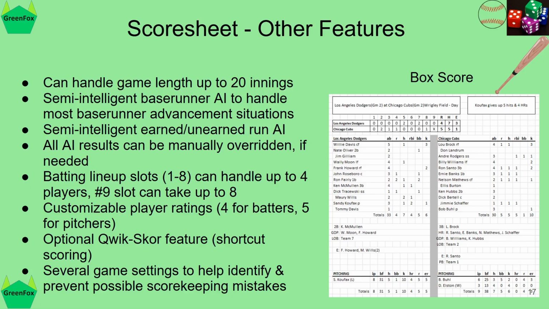The number 9 slot, you can have up to 8 batters or players. And I say batters or players because you could put in players that don't bat, just because they did occur in the game. But if for whatever reason you are going to run out of the 4 slots, you could always remove somebody who was in the game but didn't bat if you need to.